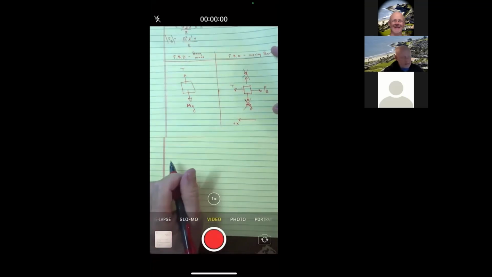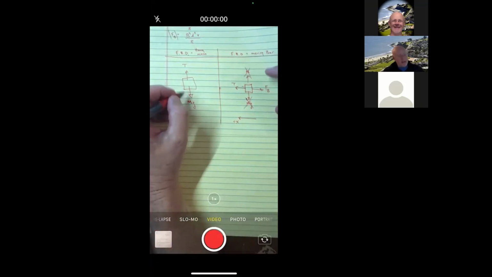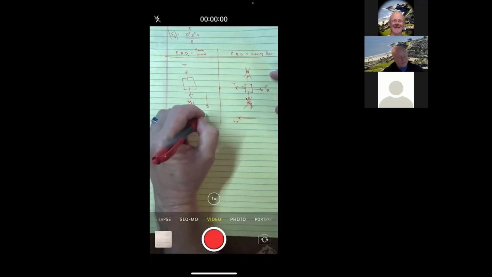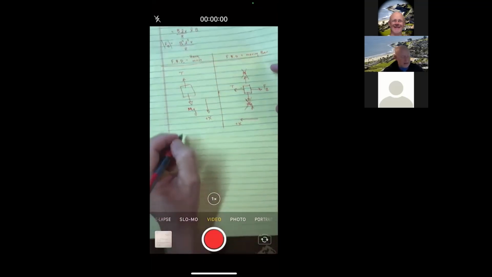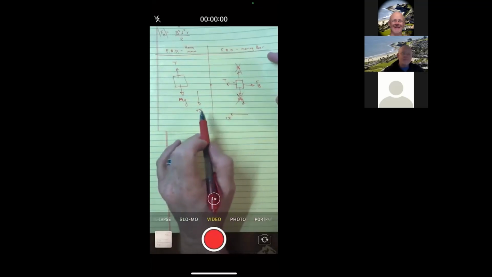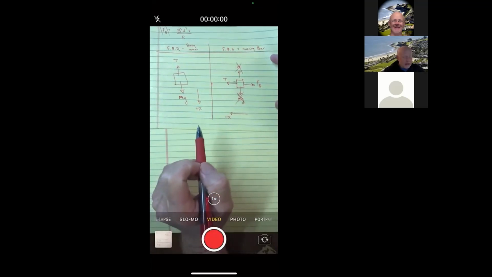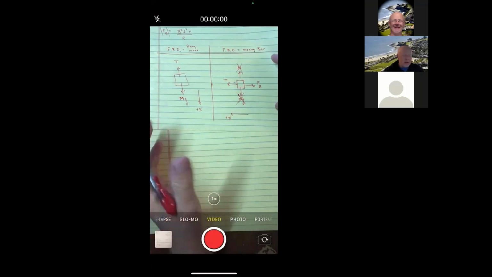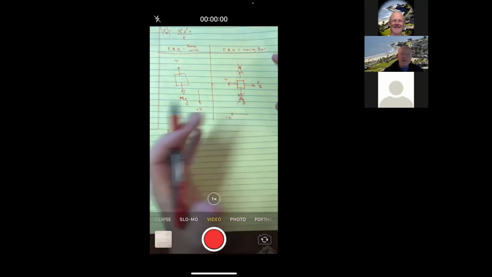And I'm also going to do that for the hanging mass. Let me just call down the positive x direction. So even though this is kind of unconventional, I kind of like it for this problem. That way both of these objects are moving in the positive x direction.